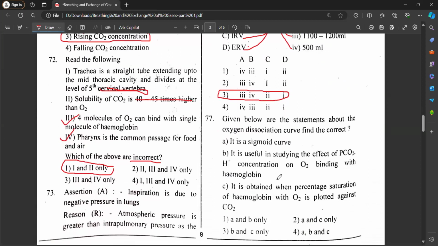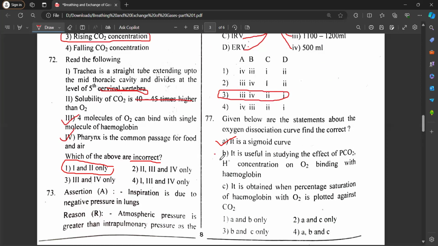Next. Given below are the statements about the oxygen dissociation curve. Find the correct one. Yes, oxygen dissociation curve, the shape of it is a sigmoid curve. Yes, it is correct. It is useful in studying the effects of PCO2 and hydrogen concentration on oxygen binding with hemoglobin.